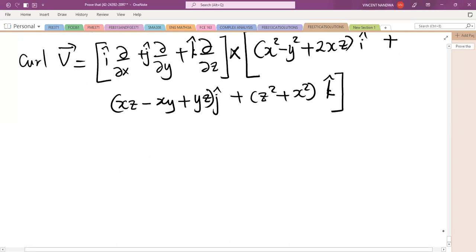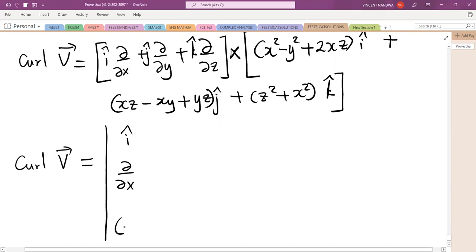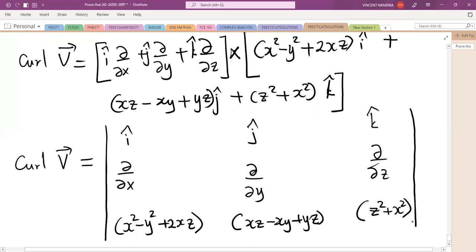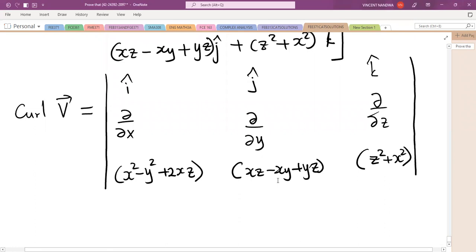So which can be written as a determinant. So that's how we write the curl of V.